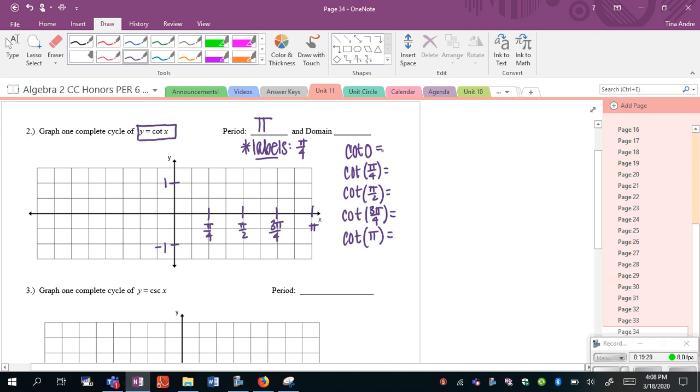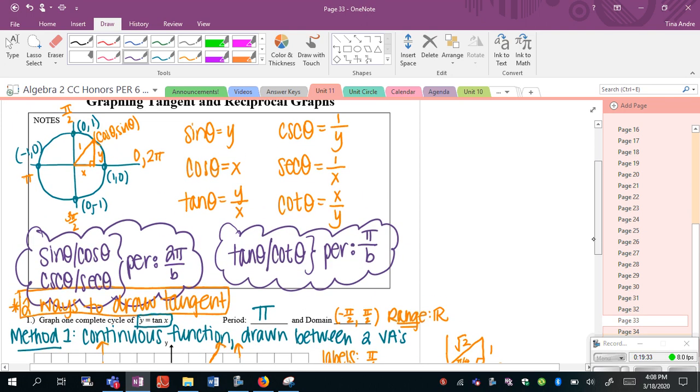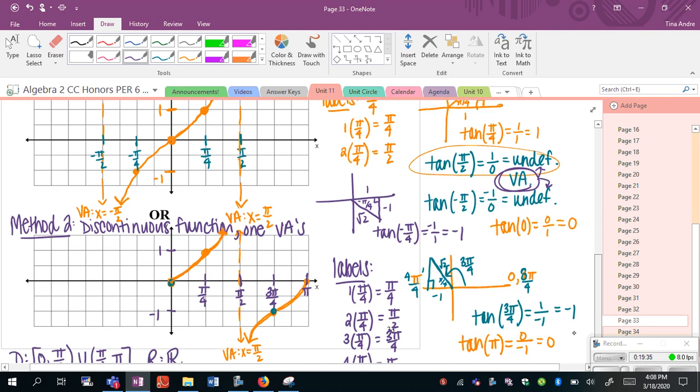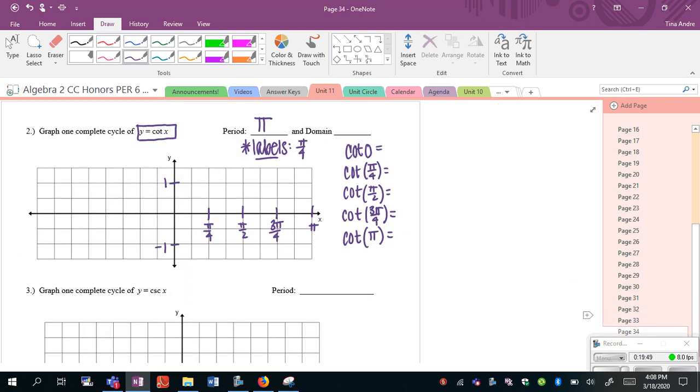So think back to the previous page. So if I'm looking at cotangent of 0, well, if tangent of 0 was 0, cotan of 0 would have to be undefined because it would have to be 1 divided by 0. It would be the reciprocal of this. So when I look at cotan of 0, that's just going to be undefined.